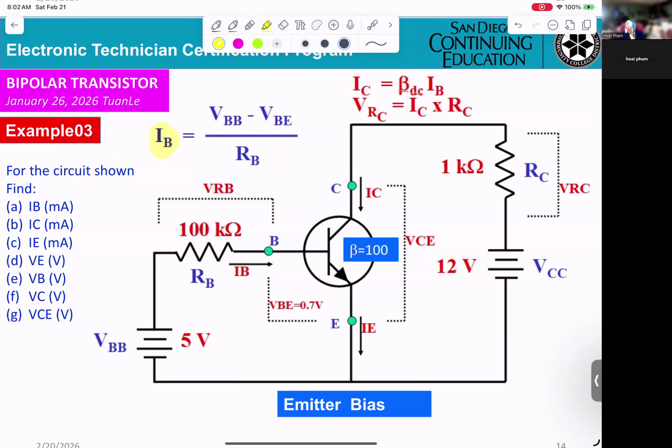And if you want to calculate IC, it's beta times IB, beta is given here. And you calculate IE and VE, VB, VC, VCE.